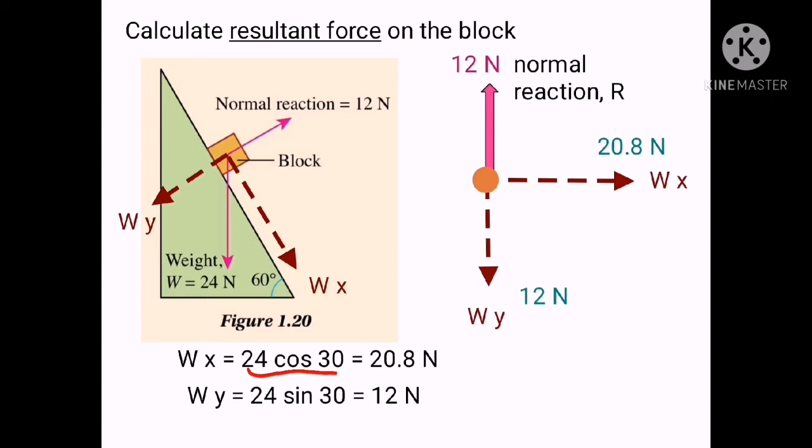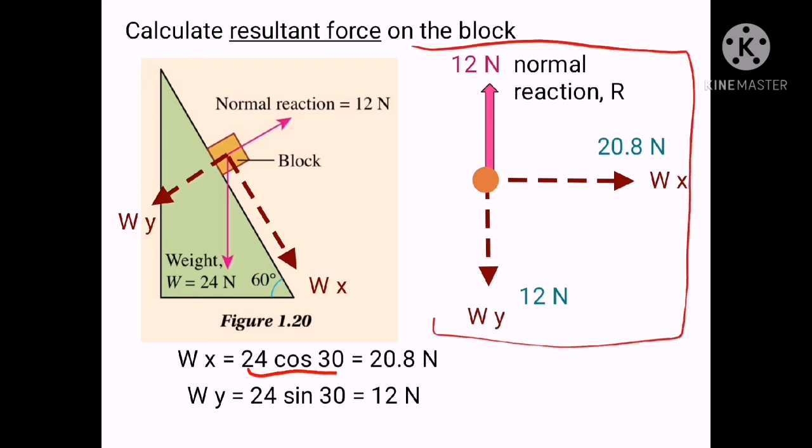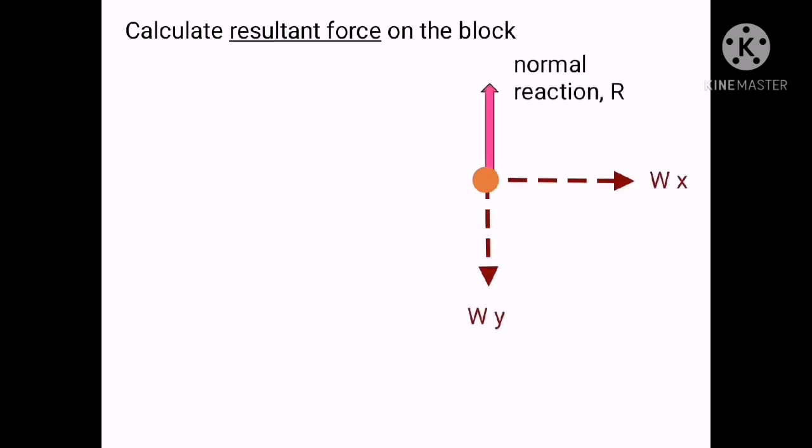Now we're going to calculate the resultant force on the block using this free body diagram. Remember, when you want to calculate the resultant force, you need to calculate the resultant force along the x direction first and also along the y direction.